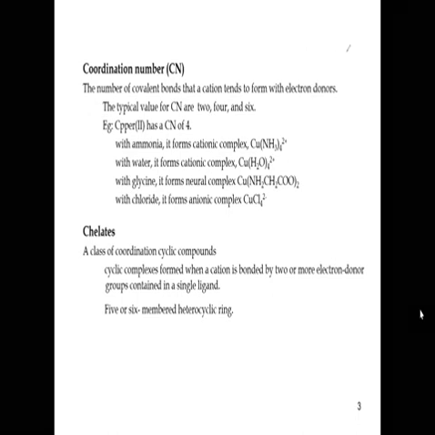A typical coordination number can be 2, 4, or 6. Here the coordination number always refers to a cation, so the coordination number of a cation can be 2, 4, or 6.